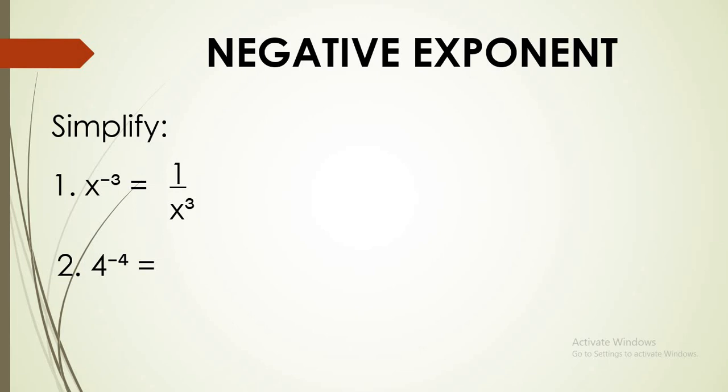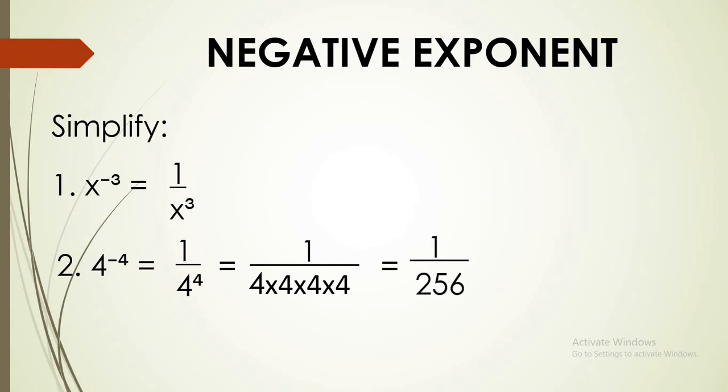Let us inverse it, and it will become 1 over 4 raised to 4. Then we will simplify the 4 raised to 4, and it will become 1 over 4 times 4 times 4 times 4, and it will give an answer of 1 over 256.